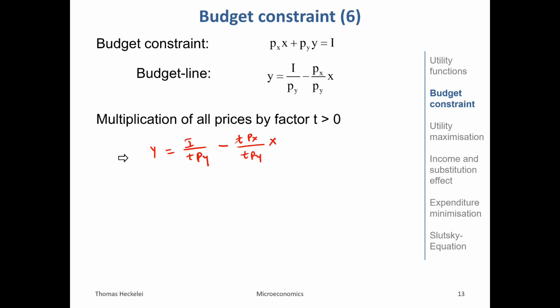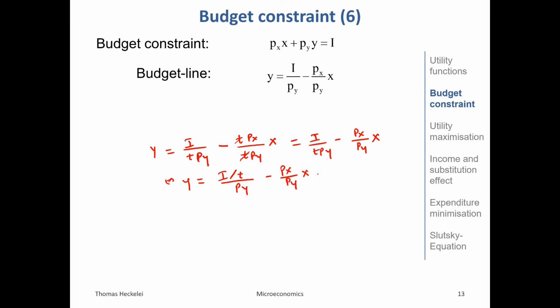So these two t's cancel out, and here we will have I over t py minus px over py times x. So we rearrange it a bit and put t on the numerator. So that will be y equals I over t, over py here, minus px over py times x.